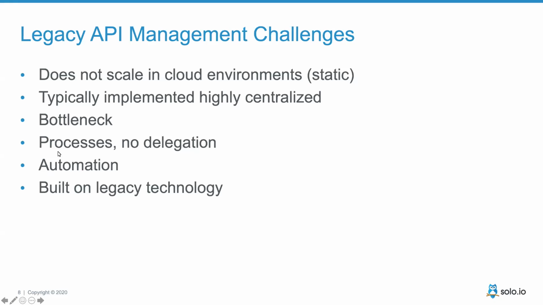And some of the things that crop up are around the fact that this type of technology is typically implemented in a very centralized manner. And when I say centralized, I mean both from a technology standpoint, calls go from a service to another service through this box, and as well from an ownership standpoint.